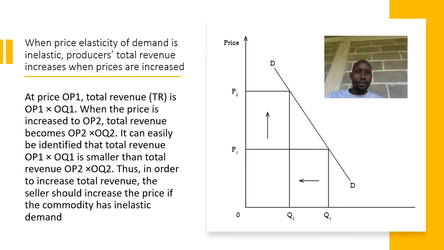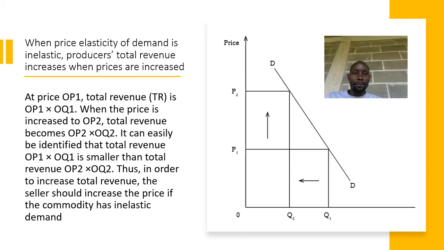On the other hand, when price elasticity of demand is inelastic, producers' total revenue increases when prices are increased. Take an example in the illustration that we have. At price OP1, total revenue is OP1 times OQ1. When the price is increased to OP2, total revenue becomes OP2 times OQ2.